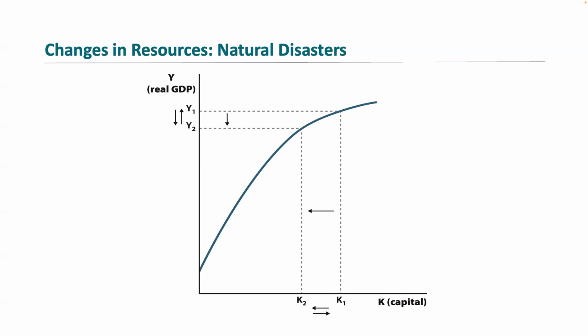So in this case, if K1 is where we were before and Y1 is where our GDP was, if a natural disaster destroyed a lot of resources, our capital would go down to K2 because we lost a lot of that physical capital. And then our overall GDP would decrease as well, just because of that particular loss.